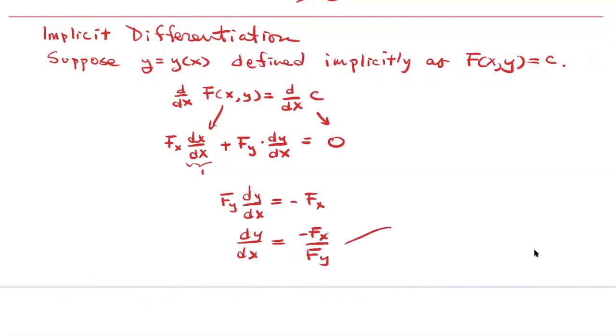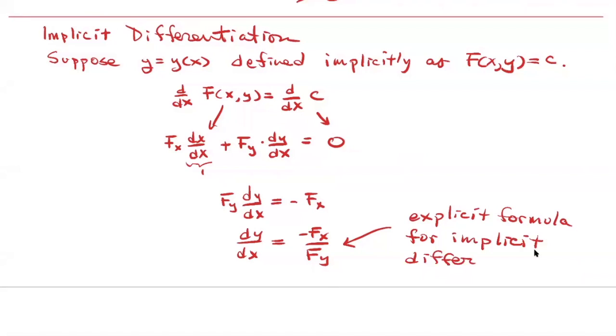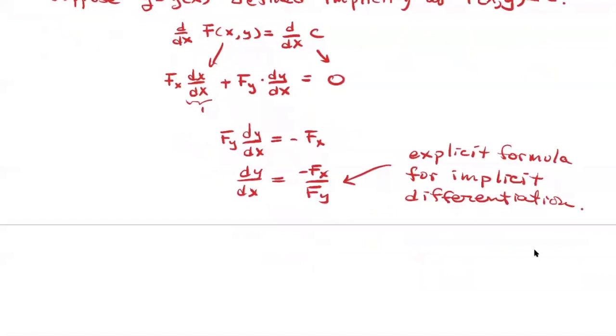And that right there is an explicit formula for implicit differentiation, which I just love saying because it's sort of oxymoronic. It's an oxymoron.